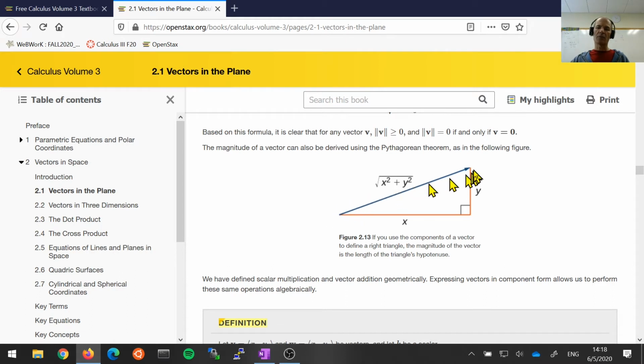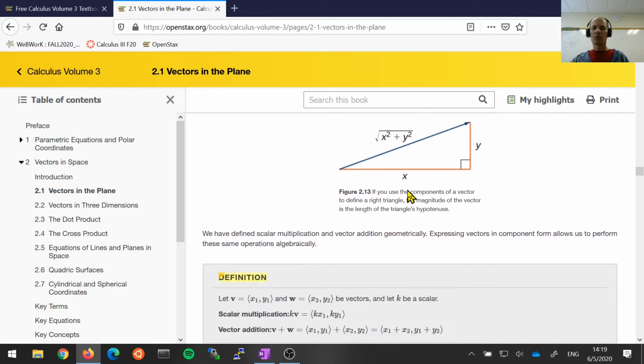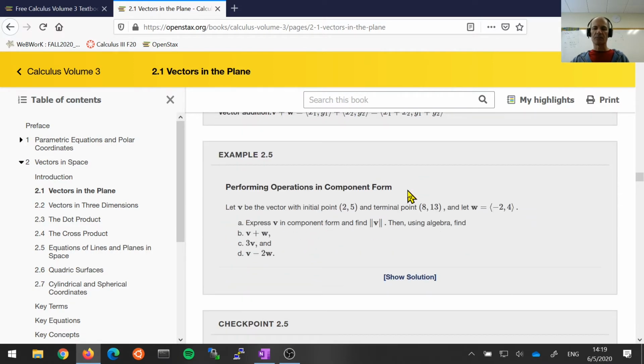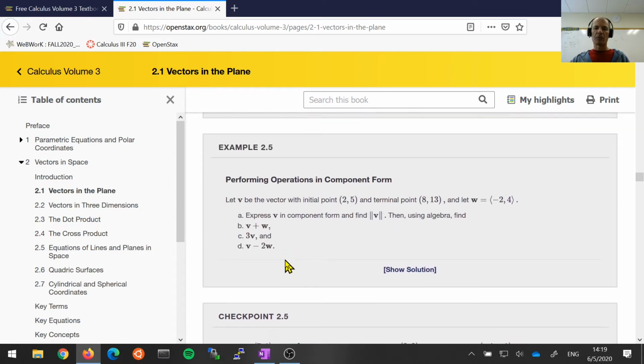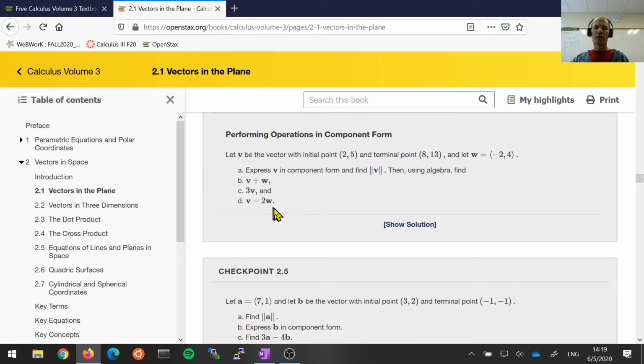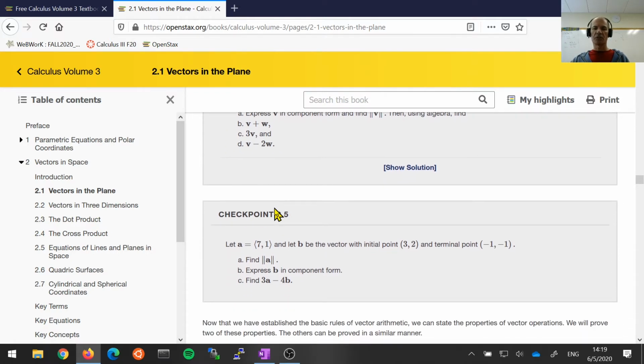So if you plot the vector with its tail at the origin and its head at x, y, it's a straightforward geometric calculation using the Pythagorean theorem, square root of x squared plus y squared, to get the magnitude. So that's why the magnitude is what it is. Here are a couple of examples asking you to compute these quantities using the component arithmetic that was just introduced.